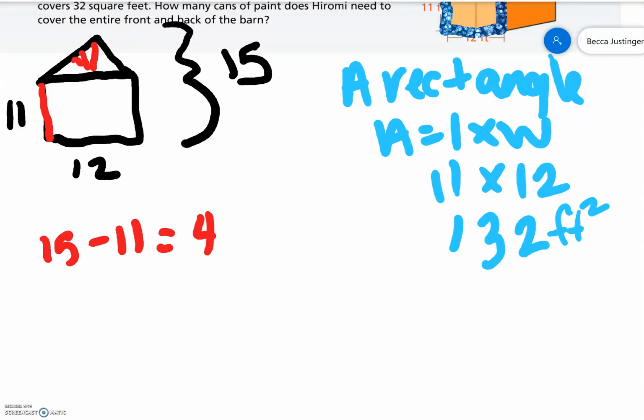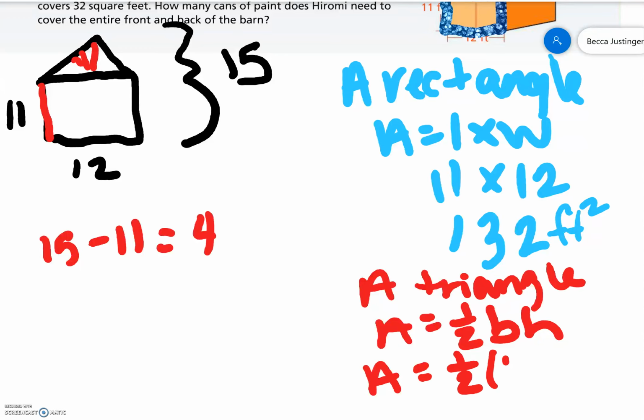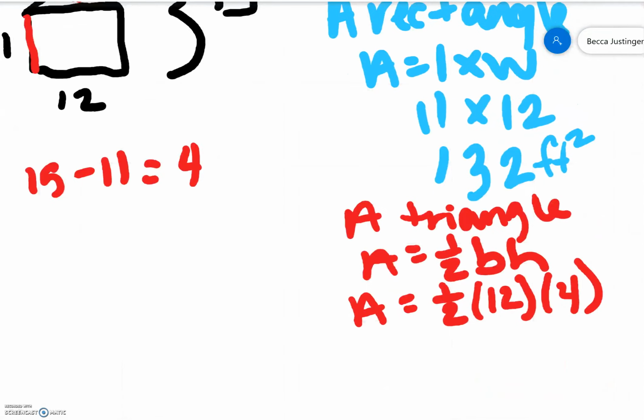Then we find the area of the triangle, which is area equals 1/2 base times height, which is area equals 1/2. The base is still 12, and the height is 4. So 12 times 4 is 48. Half of that is 24 feet squared.